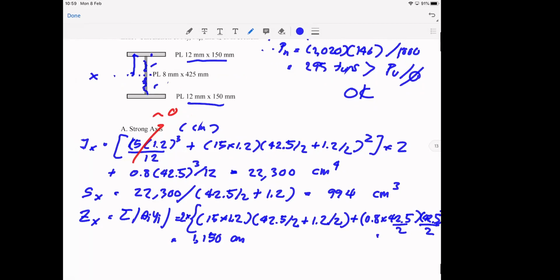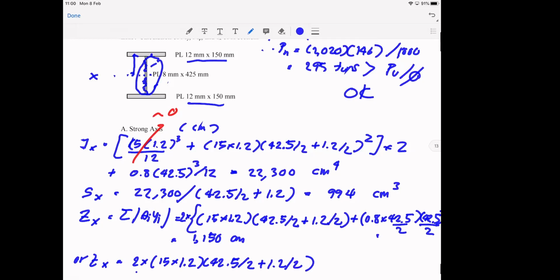You can also do this: Zx should be equal to the flange, right? You have two flanges, and the area of the flange is 15 multiplied by 1.2, and the distance is 42.5 over 2 plus half the thickness. So we have two flanges already, but for the web, it's basically a rectangle that coincides with the plastic neutral axis.